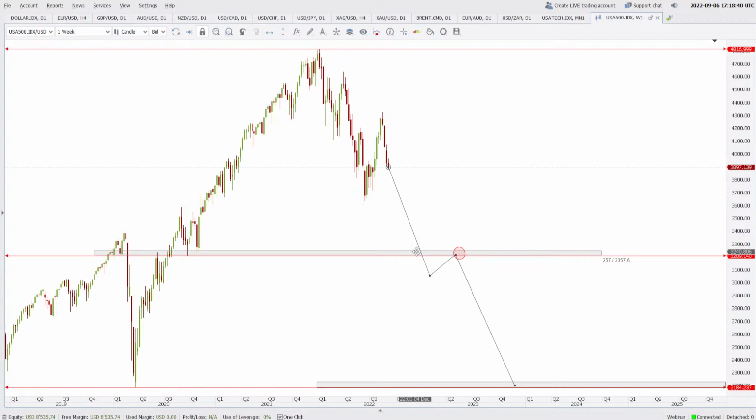If it has to go below 3209 and closes a week below that, I think then 2184 will be exposed in this market. Although if it stays above 3209, that will indicate that there is a possibility of going towards 4816 again.